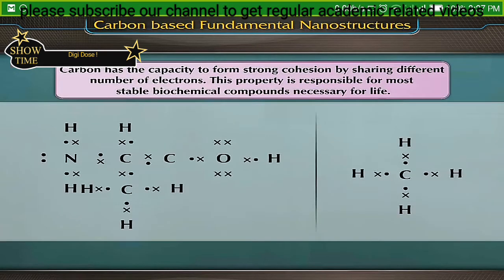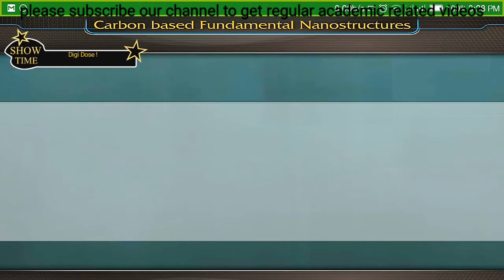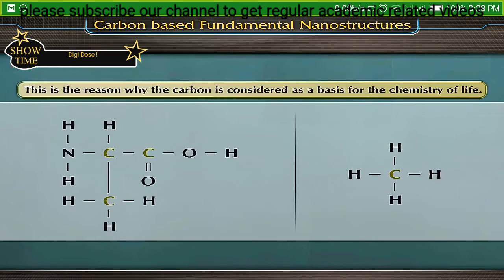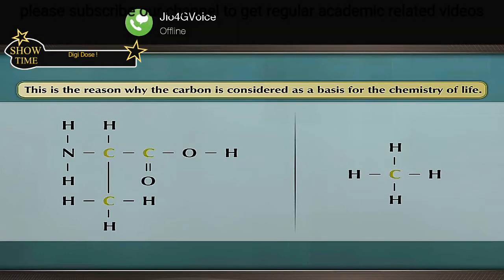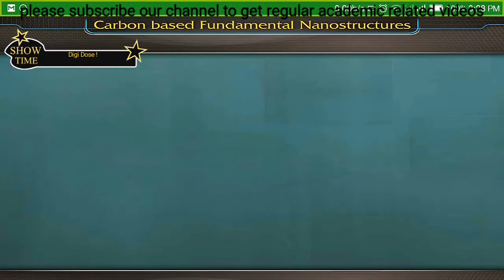Carbon has the capacity to form strong cohesion by sharing different numbers of electrons. This property is responsible for most stable biochemical compounds necessary for life. This is the reason why carbon is considered as a basis for the chemistry of life.